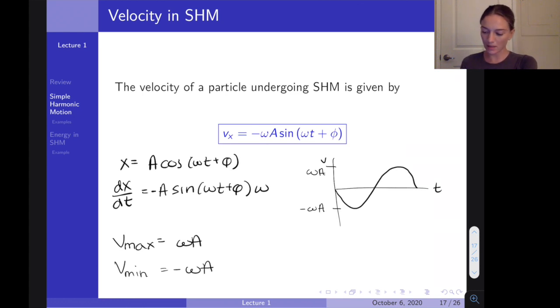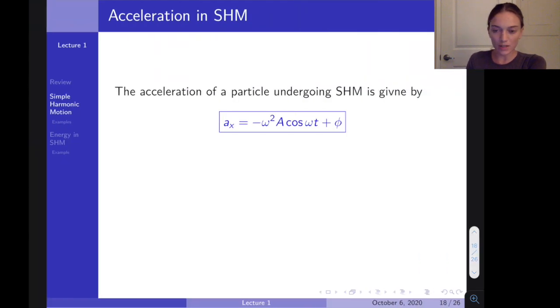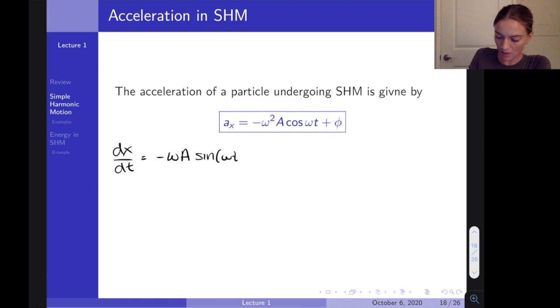And now what about the acceleration? Well, we can get the acceleration the same way. We said that the velocity is negative omega a sine omega t plus phi. So that means that the acceleration, we just have to take the derivative again.